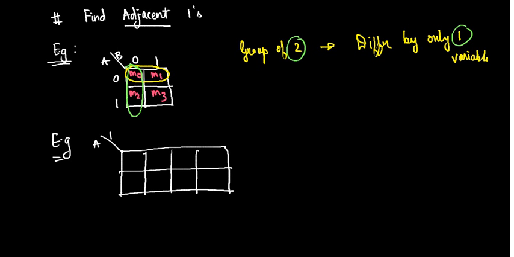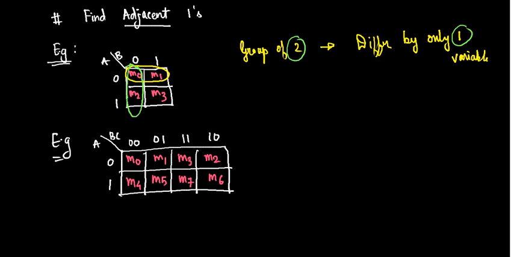Let's say A, B, C: 0 0 0 1. Let me label it 0, 1, 4, 5, 6, 7.